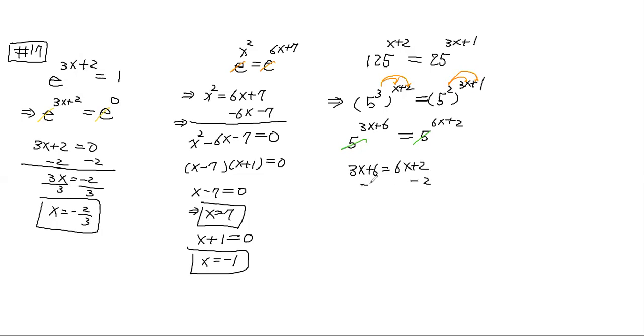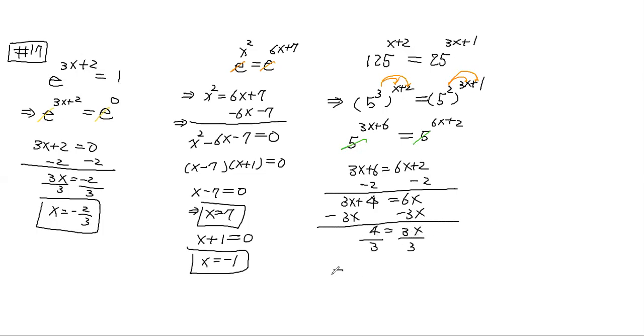So minus 2, minus 2. So this is 3x plus 4 equal to 6x. Minus 3x, minus 3x. So this is 4 equal to 3x, divided by 3, divided by 3. So your x equals 4/3.